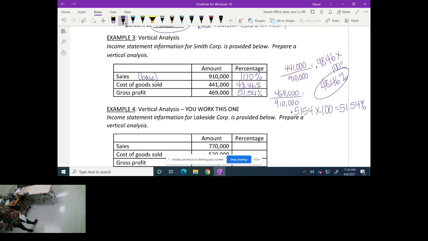So managers will watch this number, because typically their gross profit number is going to stay within a certain range. So if it starts to deviate, then there could be lots of things causing that. One could be that maybe prices have increased for them and they have not reflected that in their price to the customer.